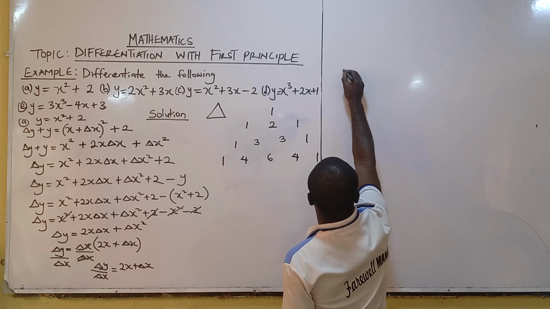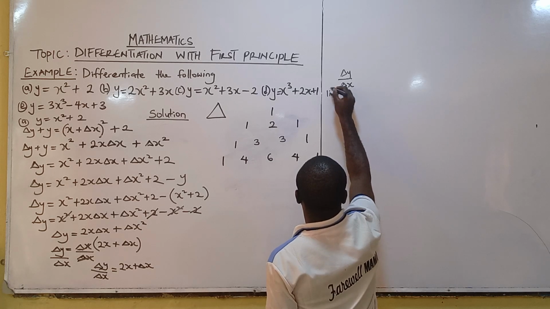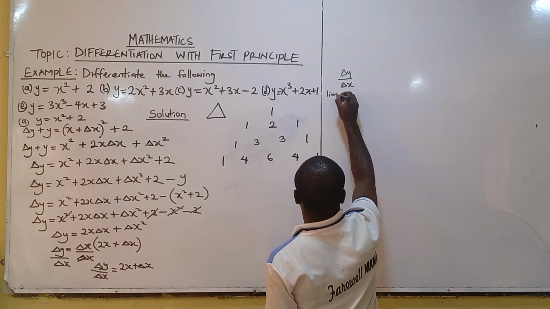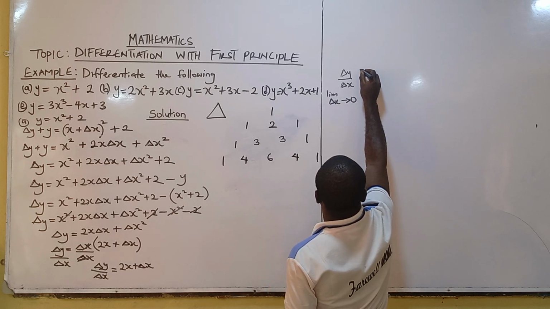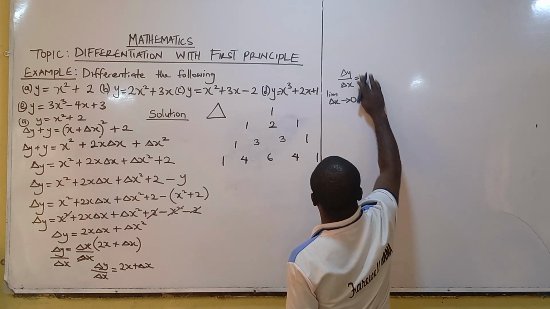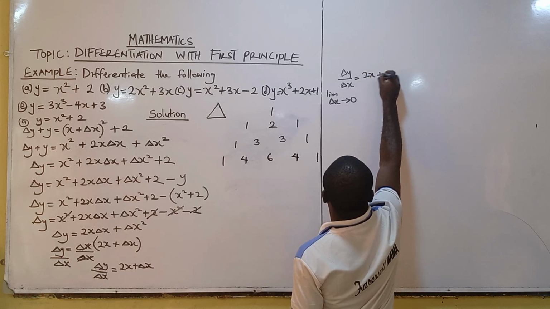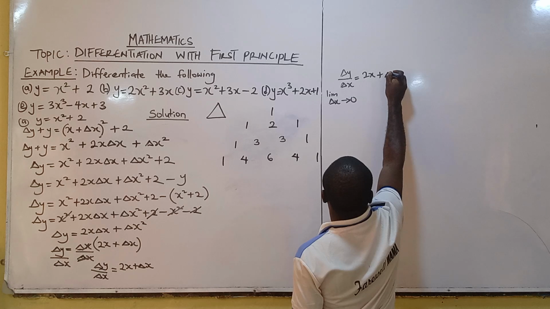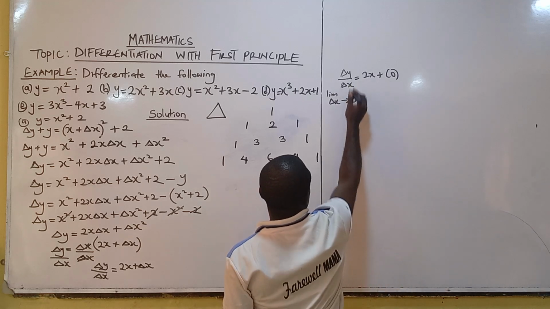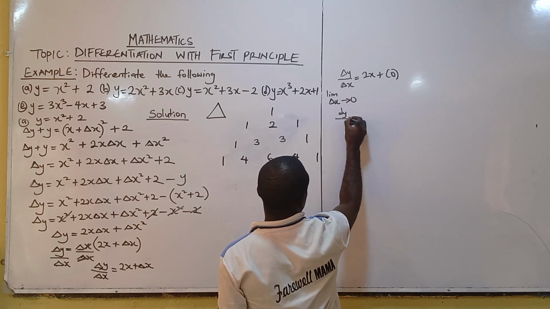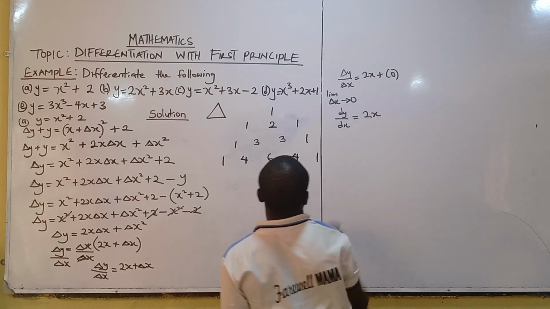Now limit dy over dx, limit dx tends to 0 of 2x plus dx. In any way you see dx, put 0 there. You now change this delta to small letter, dy over dx equals 2x.